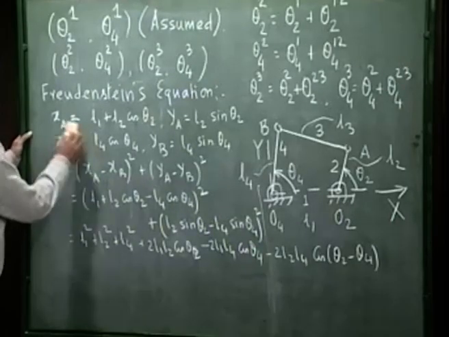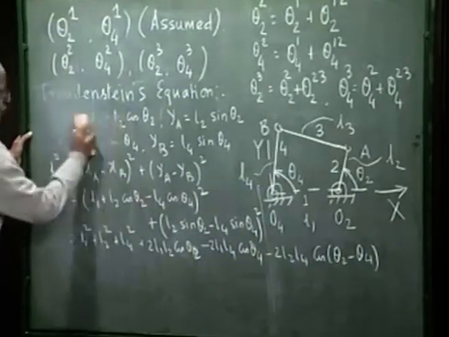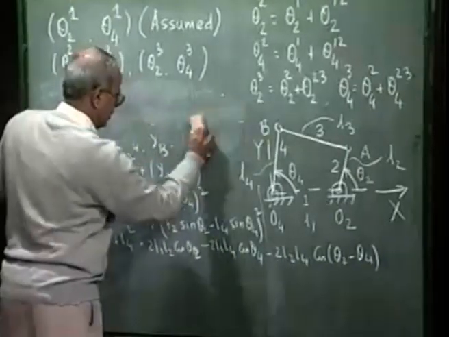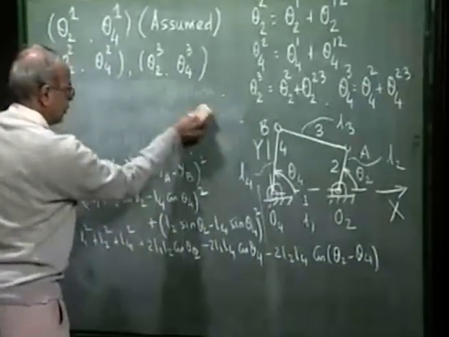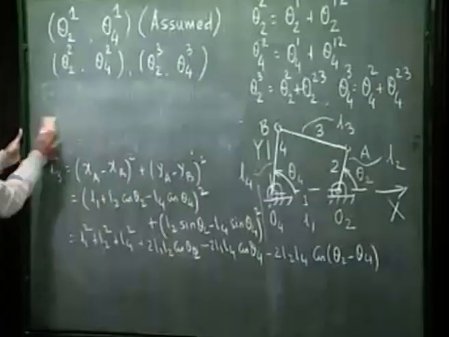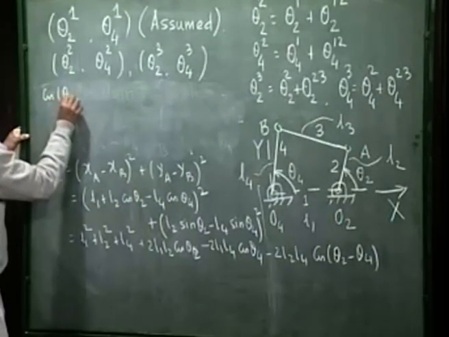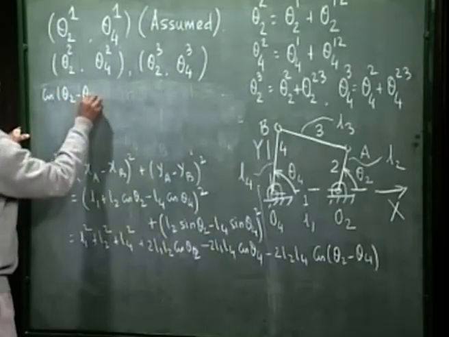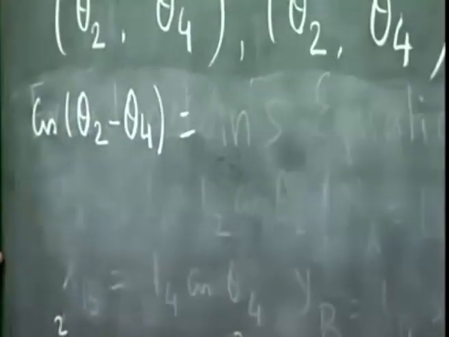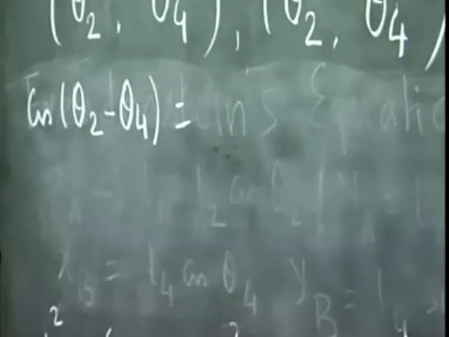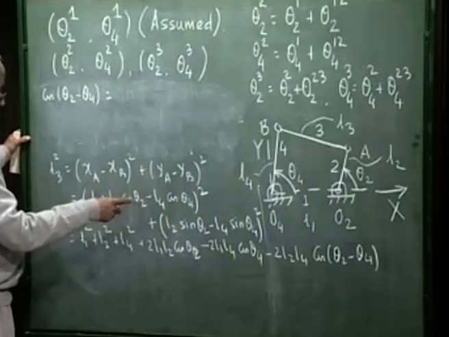We rewrite this equation. Cosine (theta 2 minus theta 4) is divided by twice L2 L4.